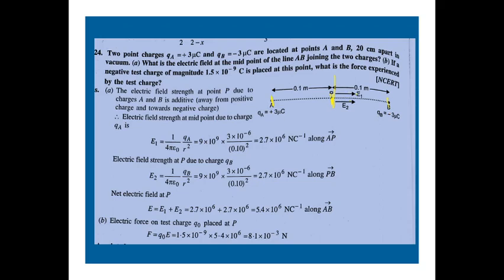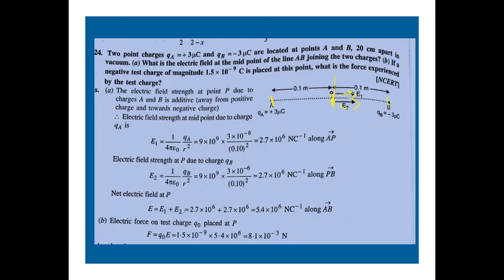So the two electric fields are in the same direction and get added. E1 equals 1 divided by 4 pi epsilon naught, QA divided by r square. Substituting the value, this is along the direction AP, and the direction of E2 is also the same. So the two fields are added by taking the values.